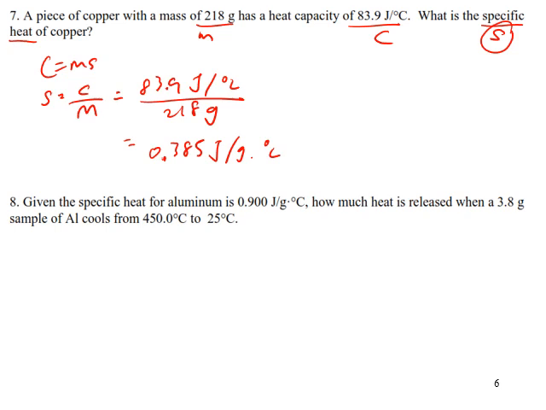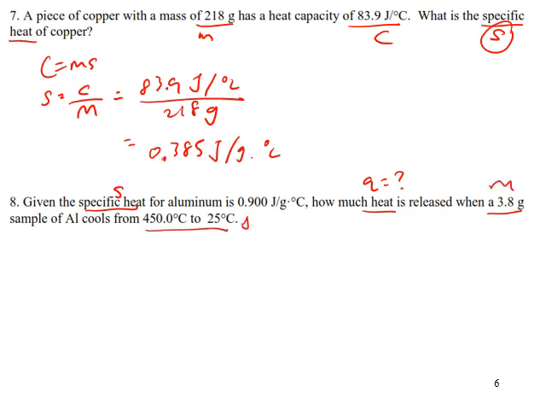Okay, question number 8. Given the specific heat of aluminium is 0.9 joule per gram per degree Celsius, how much heat, Q, question mark, is released when a 3.8 gram sample of aluminium is cooled from 450 to 25 degrees Celsius? So m is also given.